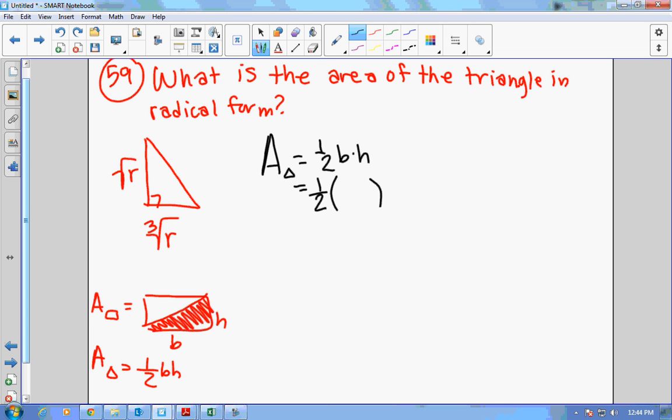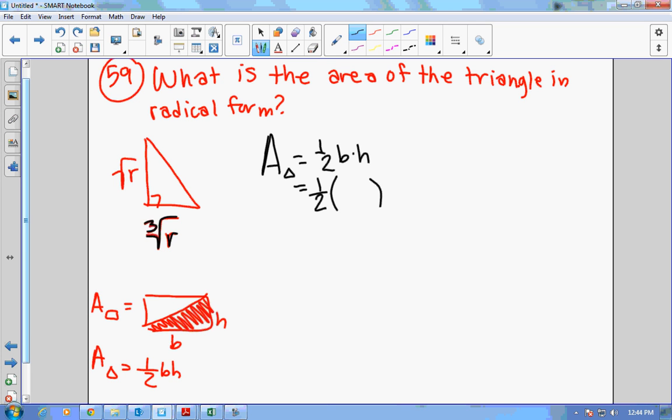What is the base, Elena, of our triangle? How do we say this? You're looking right here, I hope, right, Elena? Does anyone know how to say this? Cubed root of r.